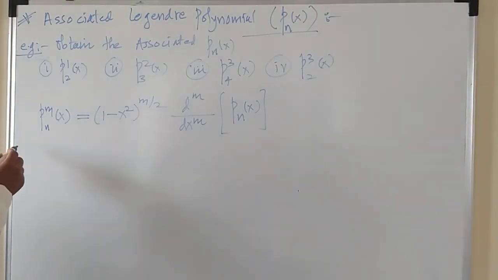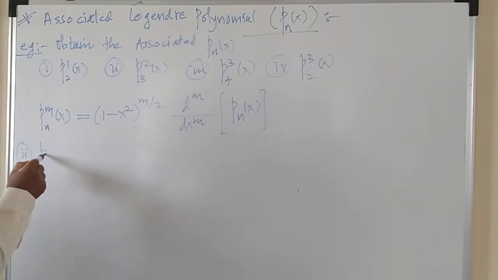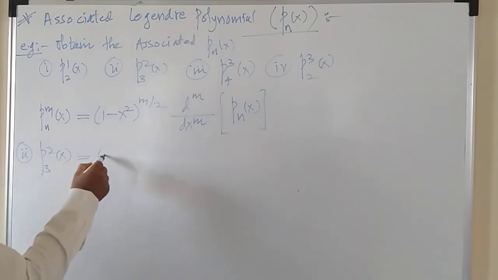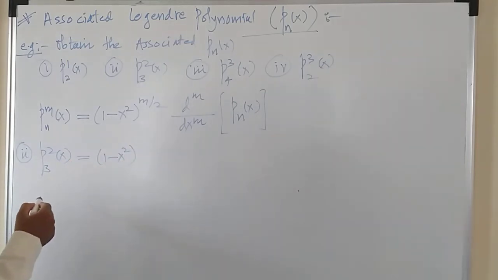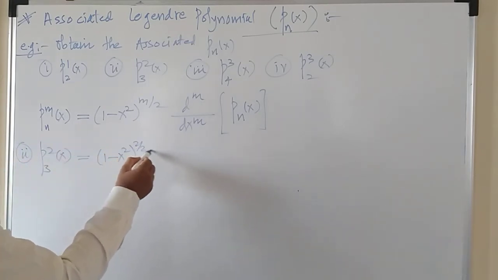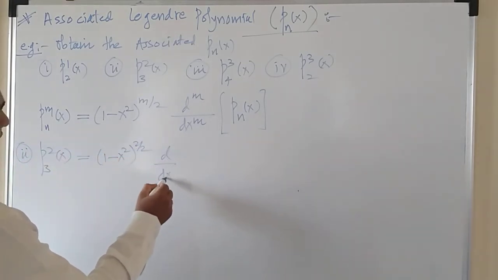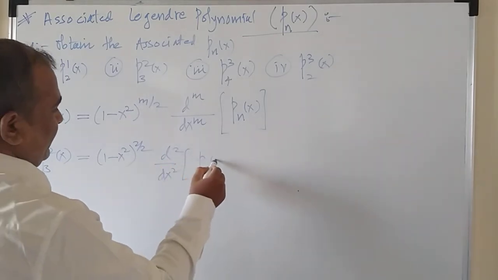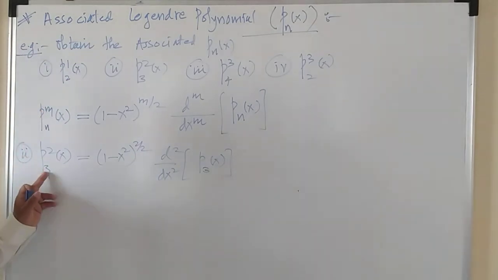So the second is P32 of x. This P32 of x will become 1 minus x square raised to power m by 2. Now m has a value equal to 2, so 2 by 2 is 1, into the second order derivative of P3 of x. n is equal to 3, so P3 of x. Now you should know the value of P3 of x.